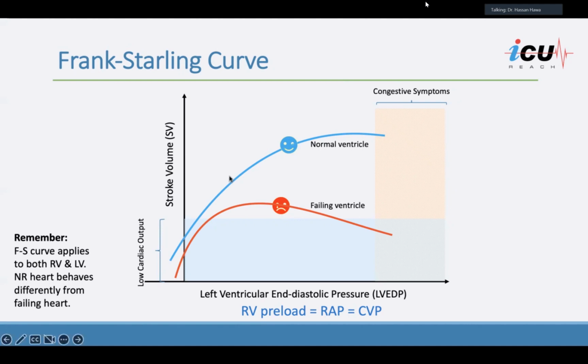Most of us would live on the steep portion of the Frank-Starling curve, and it's really important to keep this in mind whenever we are assessing patients for fluid responsiveness. Me and you, especially in the morning, we will be on the lower part of the Frank-Starling curve. That doesn't necessarily mean that we need to give fluid boluses or fluid resuscitation.